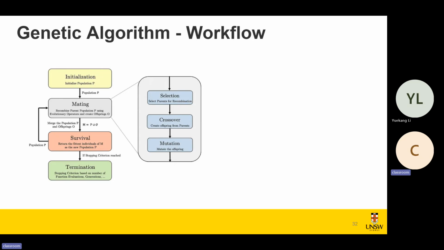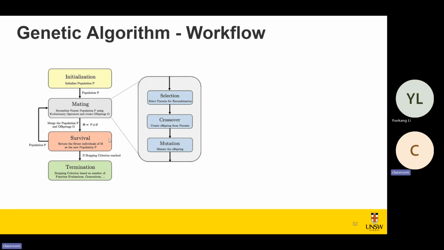We have to fix the size because we just want to keep the best genes here. And the survival function here is used for calculating the fitness of each individual candidate. And then we use the fitness function to calculate a score and filter out the bad ones and only keep the good ones.